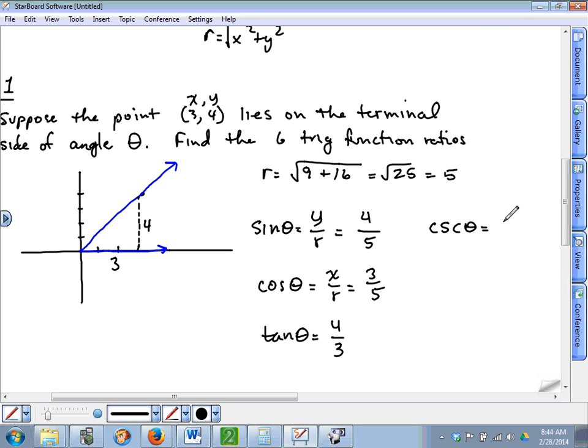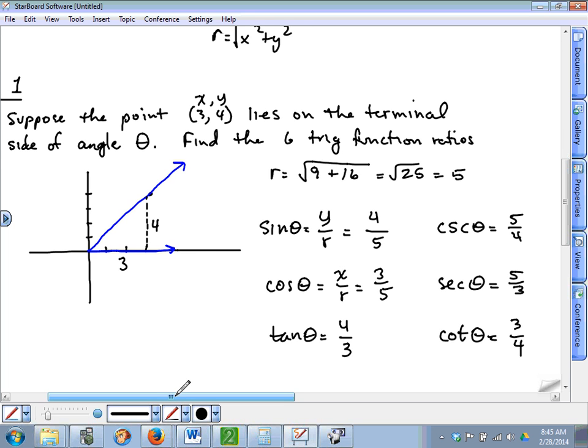And then the cosecant is the reciprocal of the sine, so it's 5/4. Secant is the reciprocal of the cosine, so it's 5/3. Cotangent would be 3/4. That's how a problem like that would work.